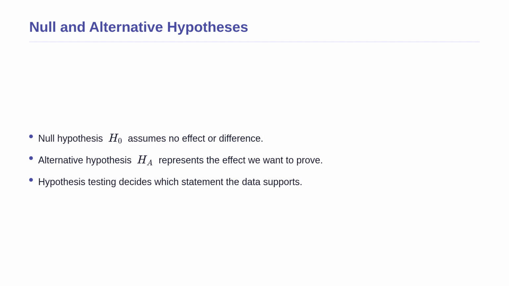On the other hand, the alternative hypothesis, denoted as HA, represents what we are actually trying to prove. This could be a new drug working or a disease being present. Our goal in hypothesis testing is to use sample data to decide whether we have enough evidence to reject the null hypothesis in favor of the alternative.